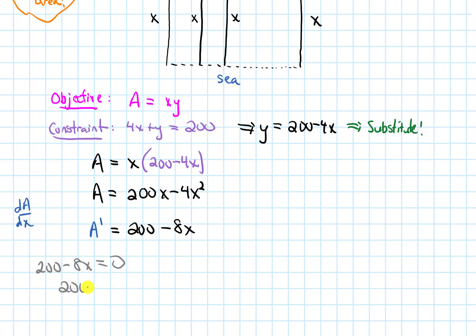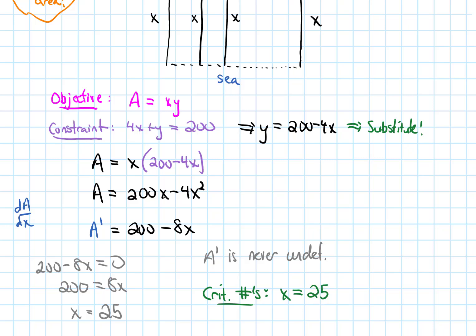So we get 200 equals 8x. And if I divide by 8, we get x equals 25. And this whole thing, my derivative, is never undefined. Let me just write undef. It is never undefined. So now I can write down my critical numbers. So my critical numbers, we just have one. It's just x equals 25.